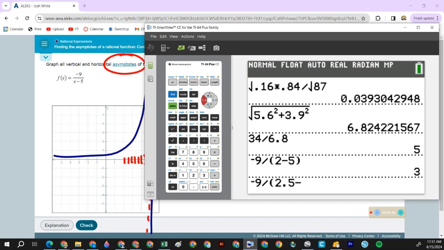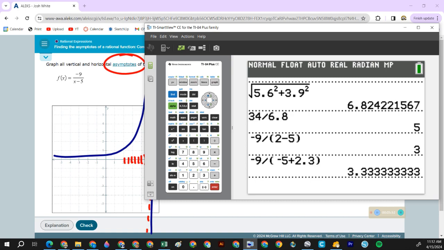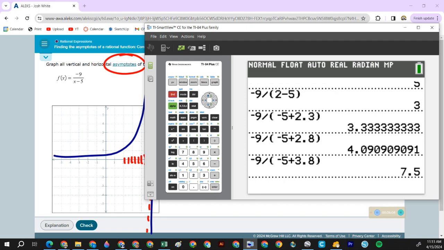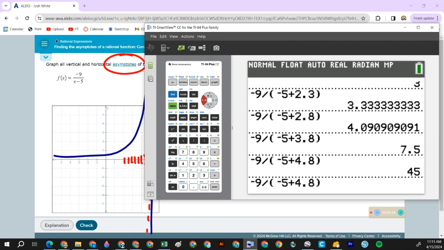Let's plug in 2.3. Okay, let's plug in something bigger. 2.8. So that got a little bit bigger. Let's say 3.8. Let's plug in 4.8, 4.9.